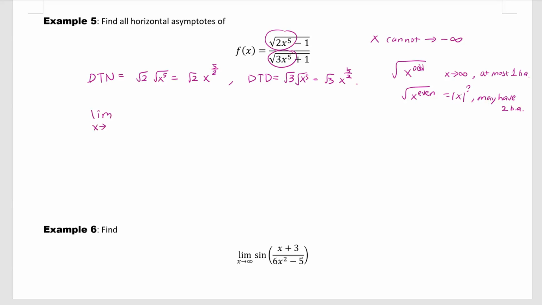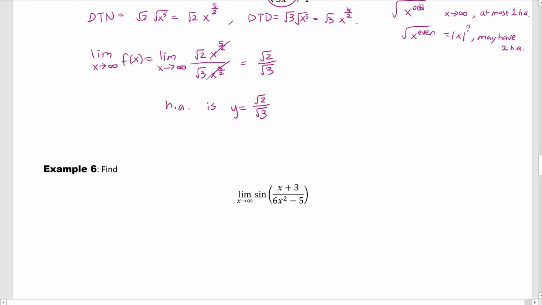The limit as x goes to infinity of f of x is the limit of square root of 2 x to the 5/2 over square root of 3 x to the 5/2, and they cancel, giving square root of 2 over square root of 3. I know it's not a fraction, I mean, not a rational number or integer. Sometimes your answer is not a nice number, but that's okay. It's still a number, so the horizontal asymptote is y equals that number. So far, so good?